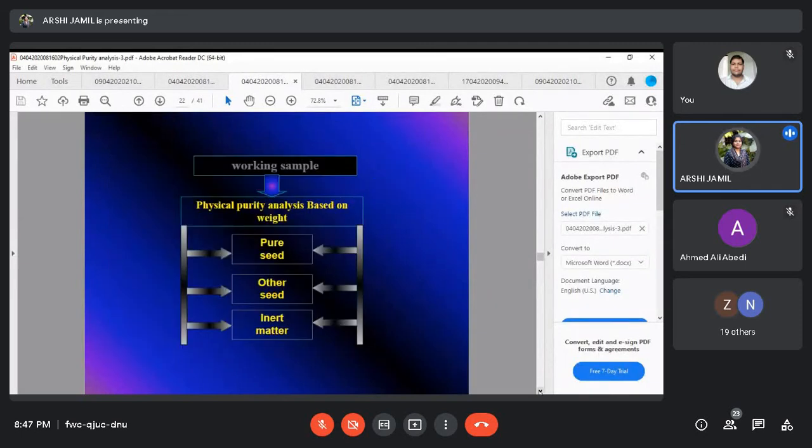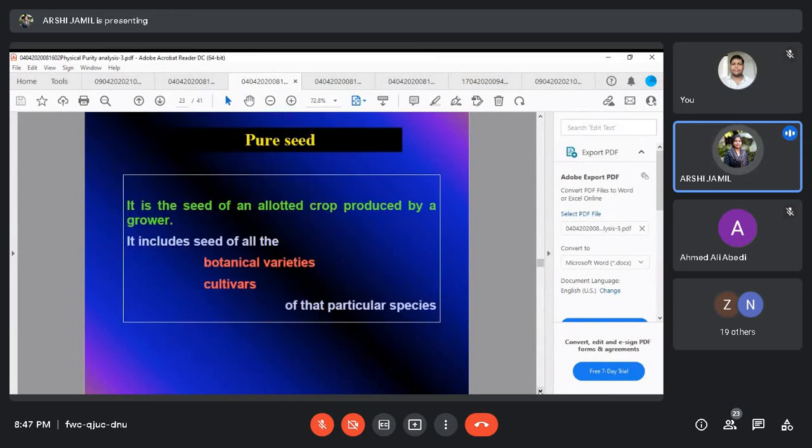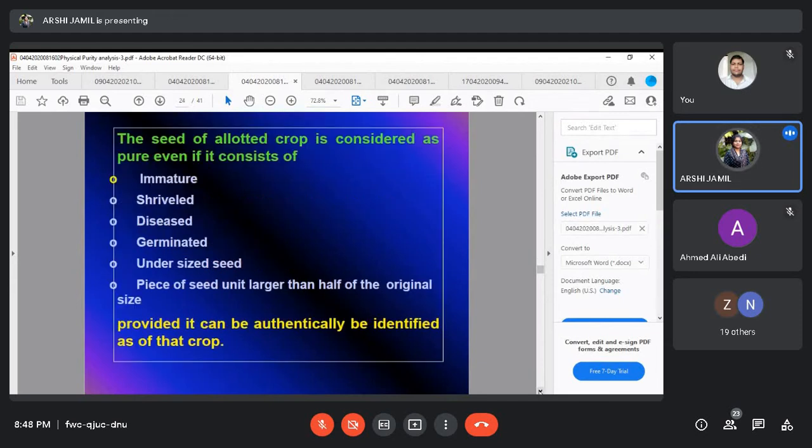You weigh the pure seeds, other seeds and inert material that you took out, how much each weighs when you take out this material from the sampled seeds. And pure seeds: the seed of the allotted crop is considered pure even if it consists of immature seeds, shriveled seeds, diseased seeds, germinated seeds, undersized seeds, or pieces of seed units that are larger than half of the original size.